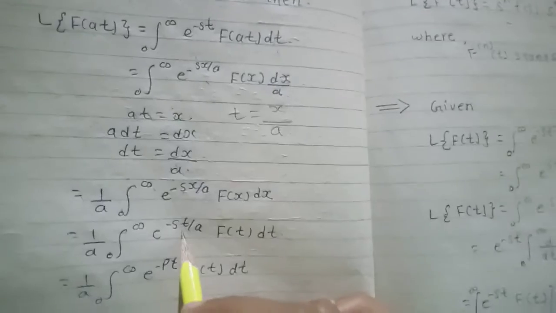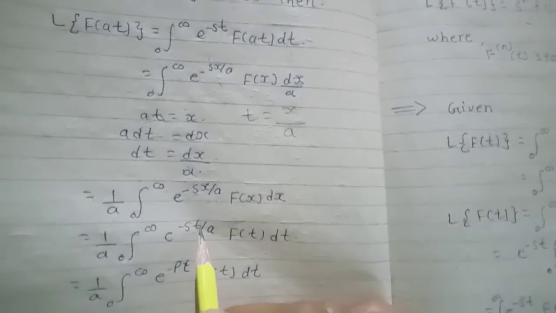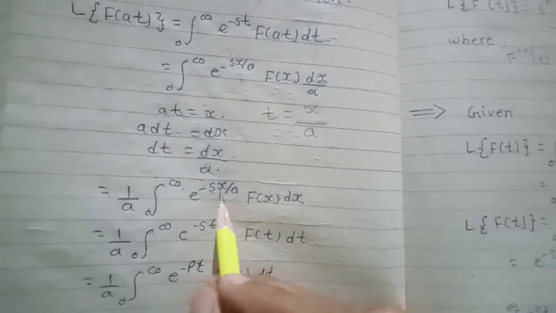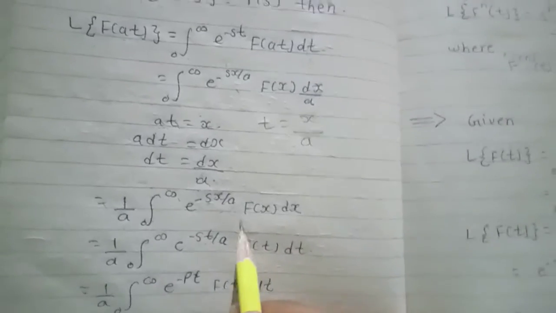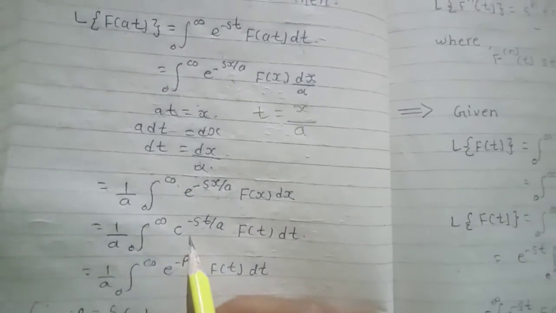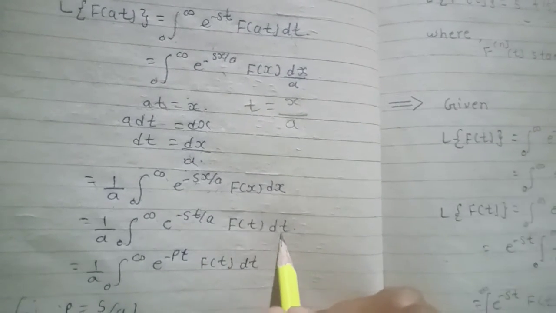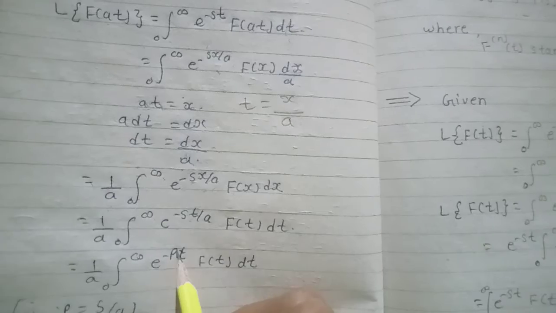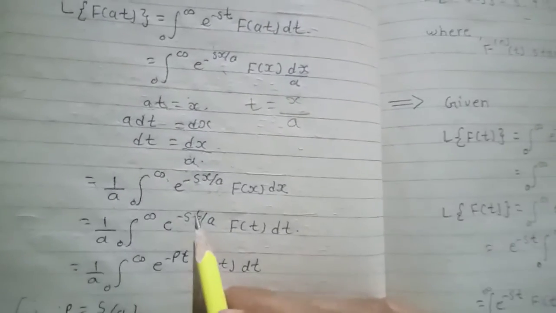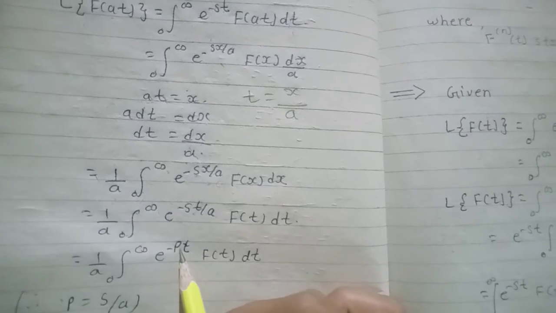So we replace the variable by t. Only replace the variable, not put a value. So 1 upon a integration 0 to infinity e raised to minus s t upon a f of t dt. Then we put s upon a is p.